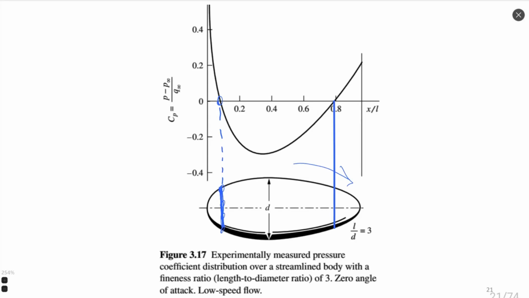The front part of the body, where the pressure coefficient is equal to 0, is defined by experiments, calculation or simulation. At this point, if we install a Pitot tube, it would be the best place.